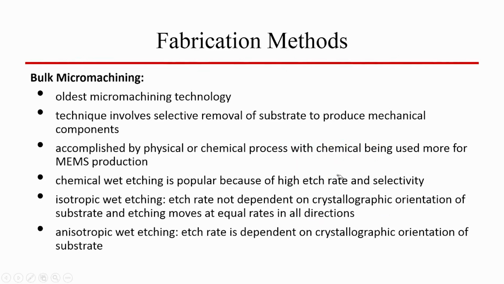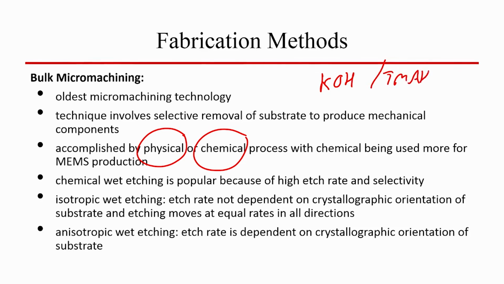It is accomplished by physical or chemical process, right, with chemical being used more for MEMS production. Right. So, to etch this silicon wafer, we will use potassium hydroxide, TMAH. These are both chemicals.